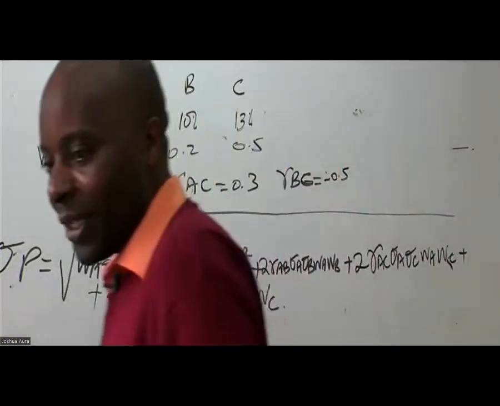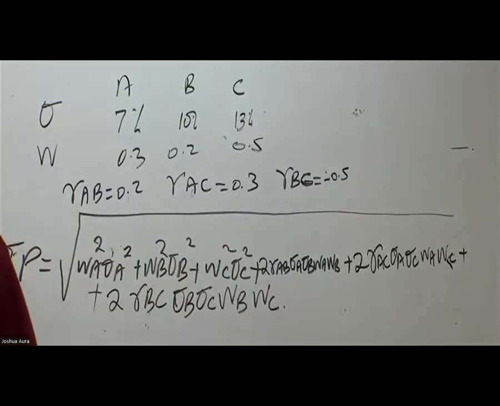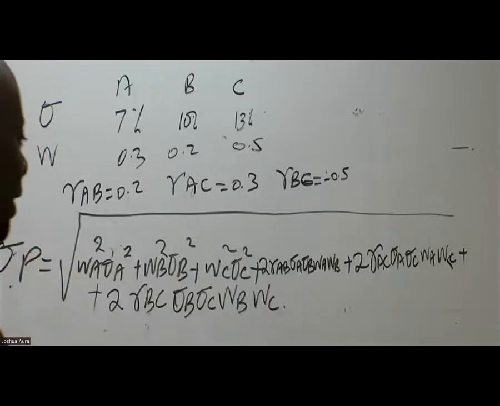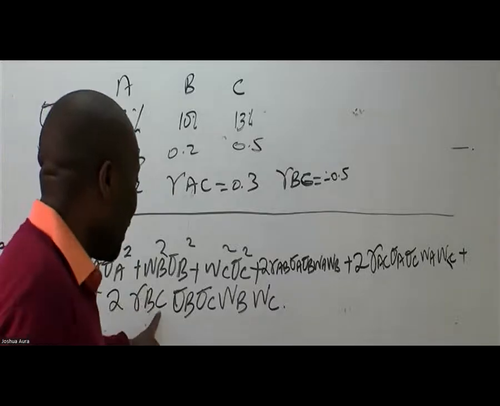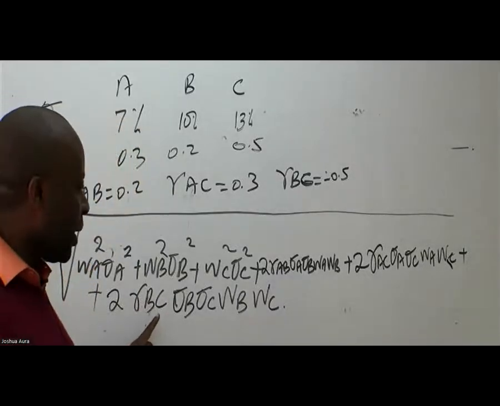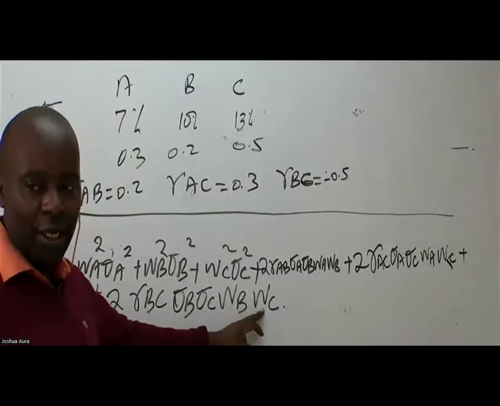I hope that helps somehow. At the end, which securities do we have here? It's B and C, so you have weight of B and weight of C.